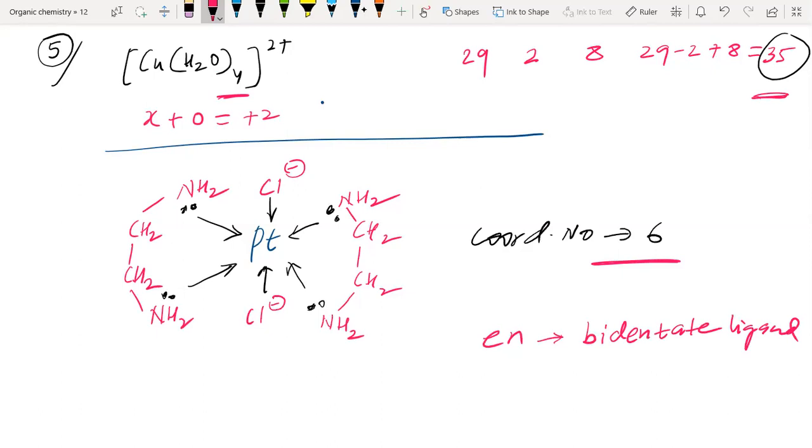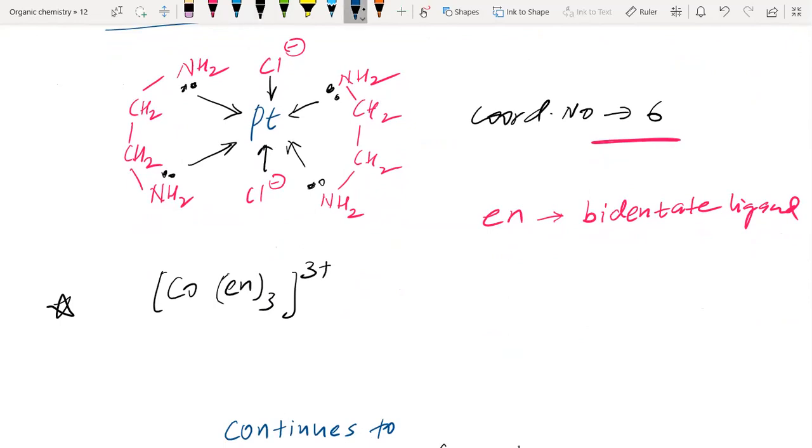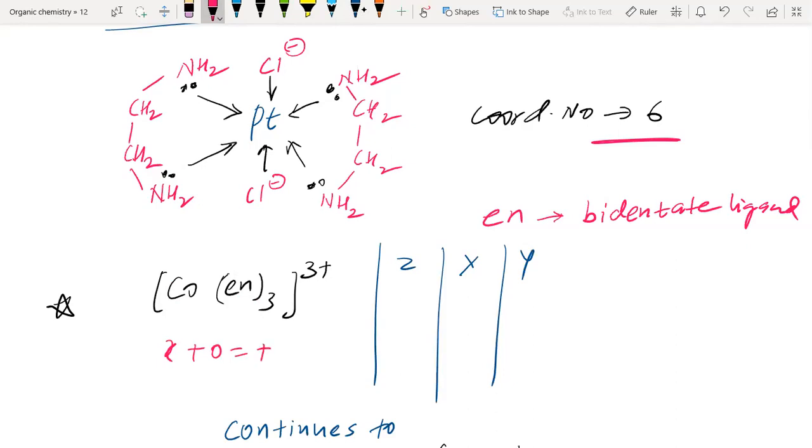We can see one more example to understand this. Say we have this example: cobalt, en thrice, and 3 plus. Suppose we have this complex, which is tris(ethylene diamine)cobalt(III) ion. Now, in this case, how do we calculate the EAN value? Z, X, Y. What is the oxidation number? X plus 0 equals plus 3, so X equals plus 3. What is the atomic number? 27. Oxidation number 3.